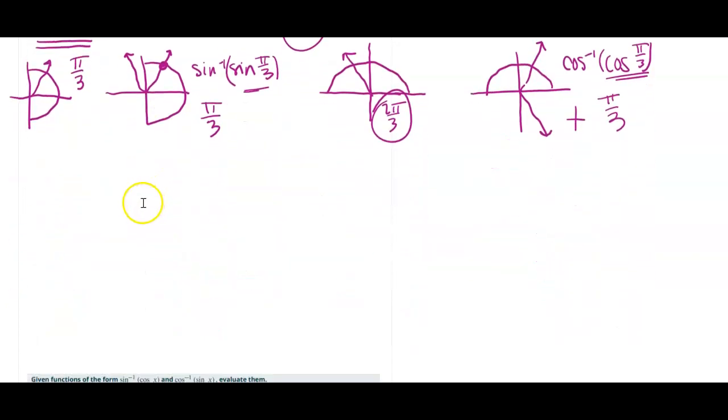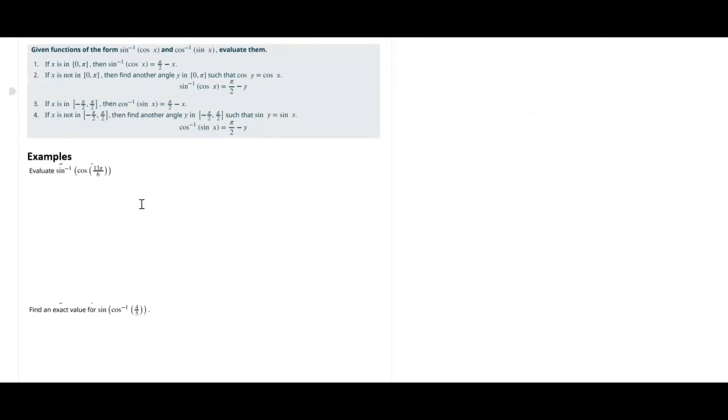All right, let's look at another set of examples. Inverse sine of cosine of 13 pi over 6. Now for inverse sine, I need to be here. That's the piece of this that's going to restrict my domain. So then cosine of 13 pi over 6, I need it to be in this domain.